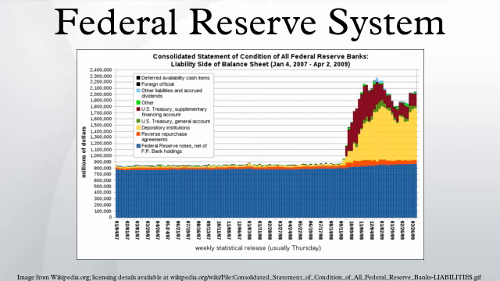ISBN 978-0865976658. OCLC 237794267. Wells, Donald A. The Federal Reserve System, A History. West, Robert Craig. Banking Reform and the Federal Reserve, 1863-1923. Wicker, Elmus.